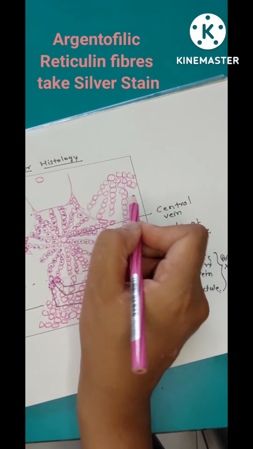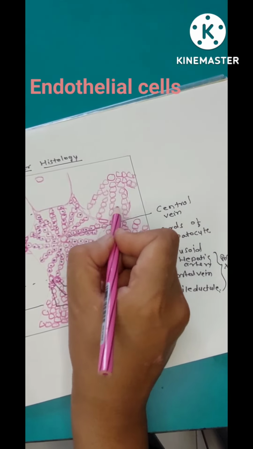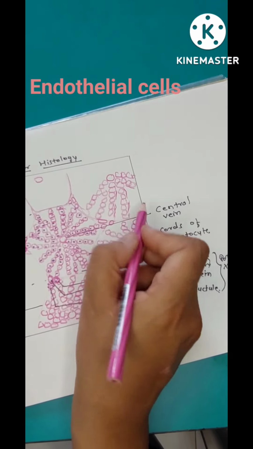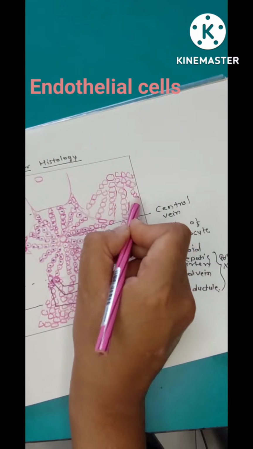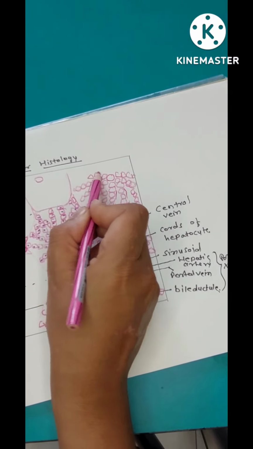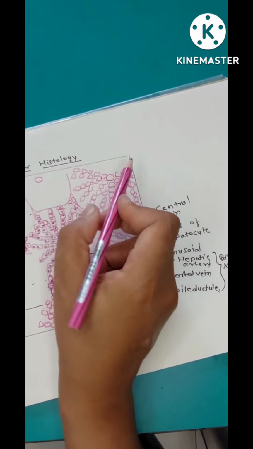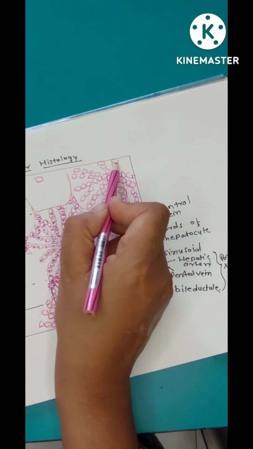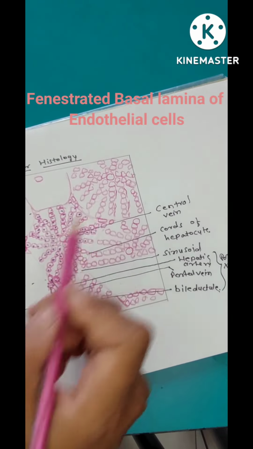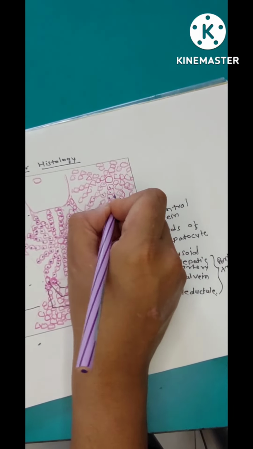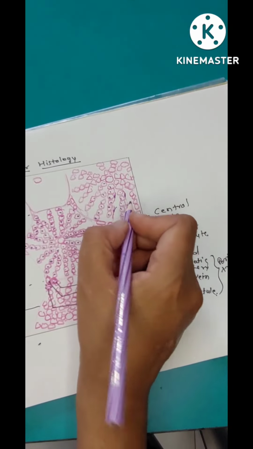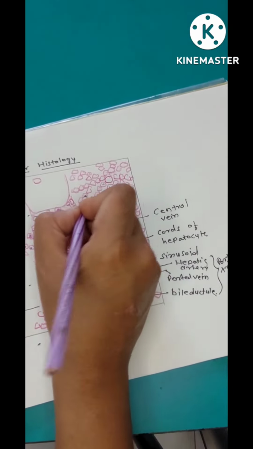Here I am drawing a few of these endothelial cells which are lining these tortuous sinusoids. Endothelium is not continuous but fenestrated, having pores toward the basal lamina. These endothelial cells have flat nuclei lining these hepatic sinusoids.